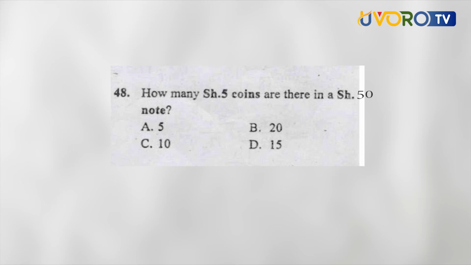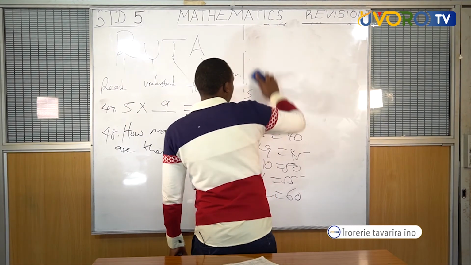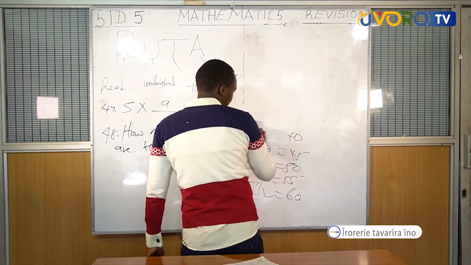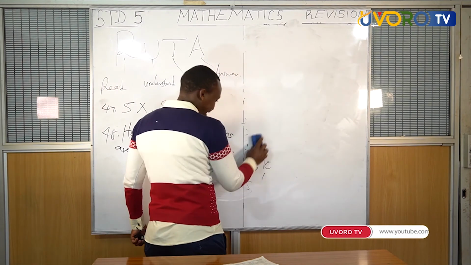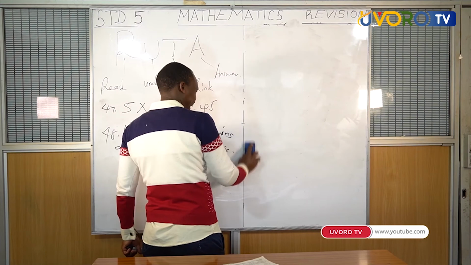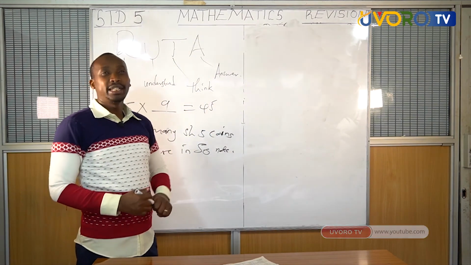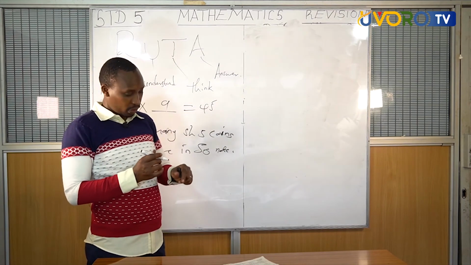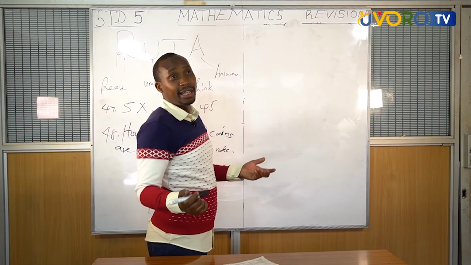What is the difference between a note and a coin? A coin is round. Very good. What about a note? A note is like a paper. But a coin, it is circular.